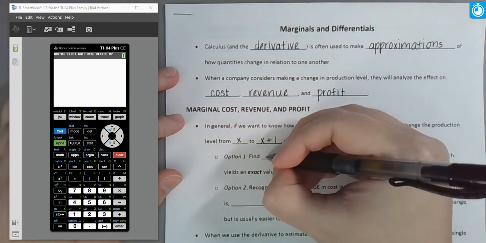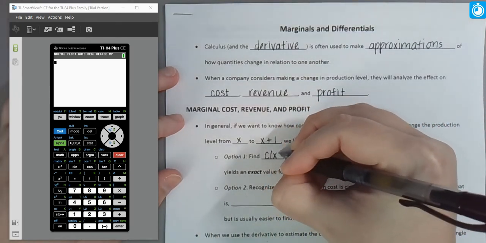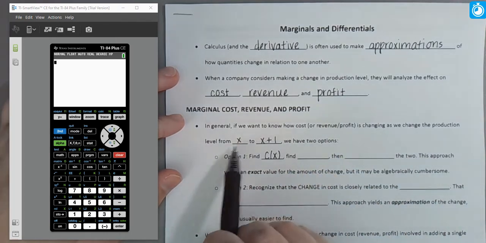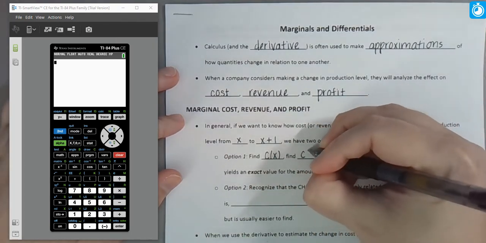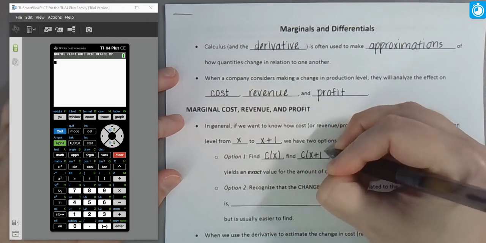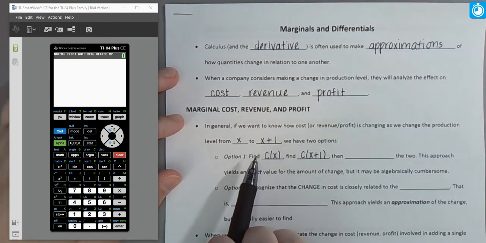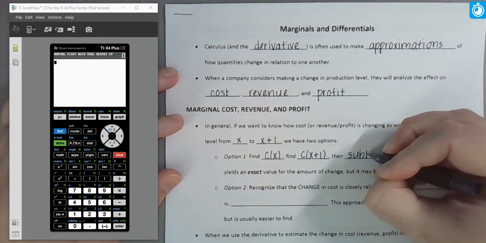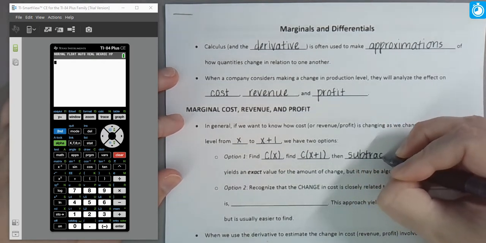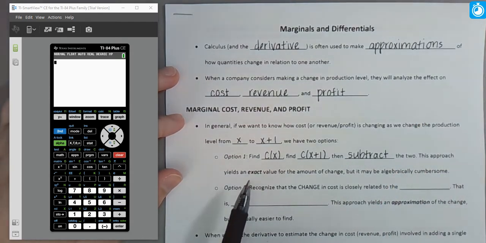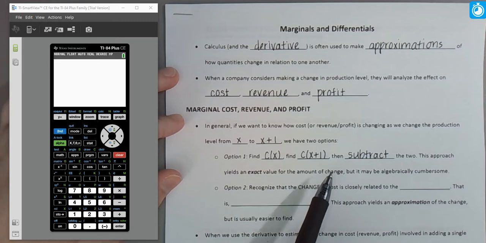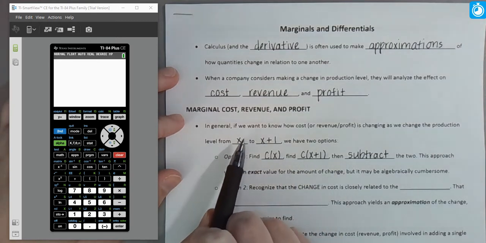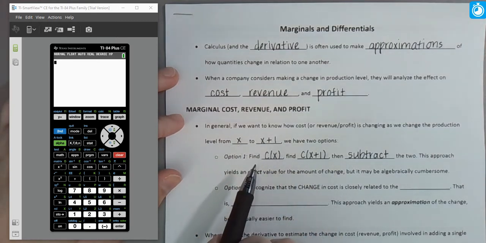Option 1 would be to find the value of cost for our current production level, find the value of cost for the proposed increase in production, and then subtract the two values. So this would give us the exact value for the amount of change in cost to go from producing x to producing x+1 units.